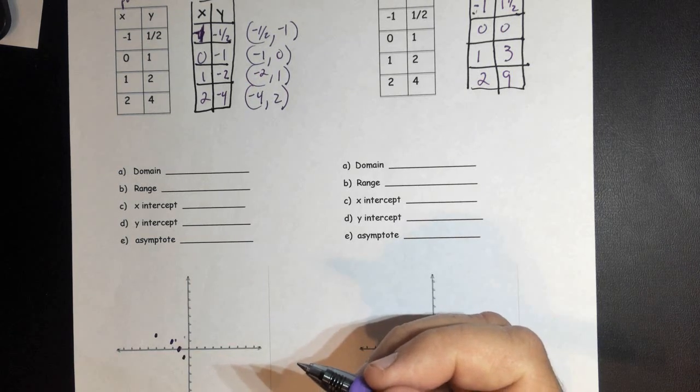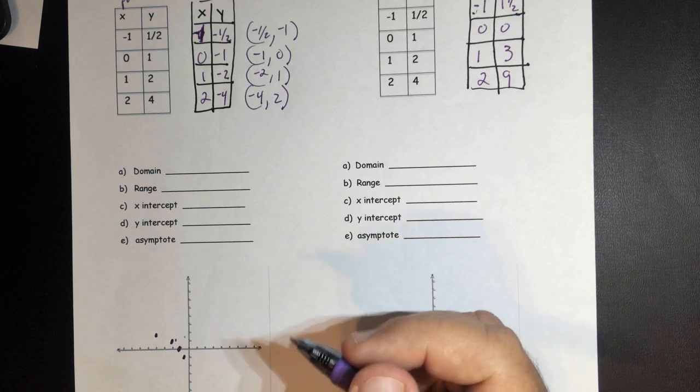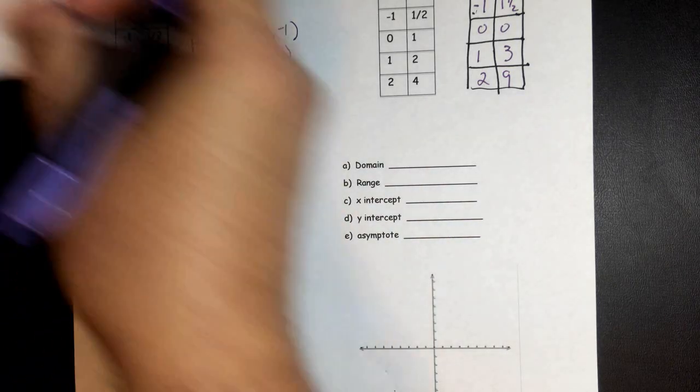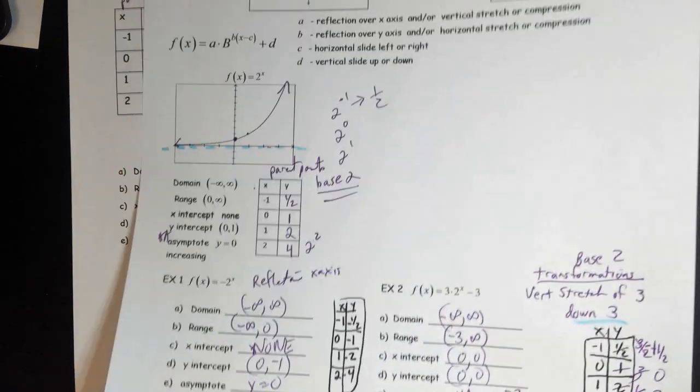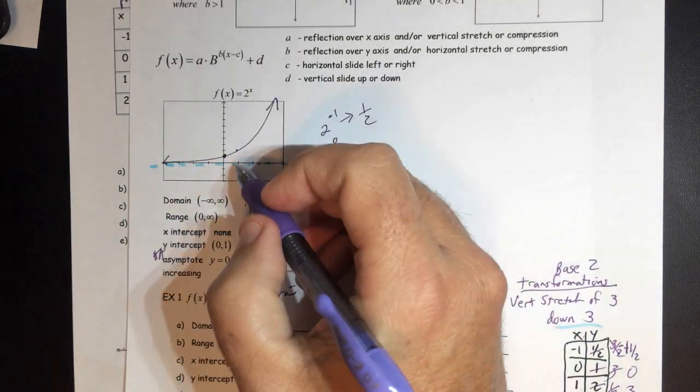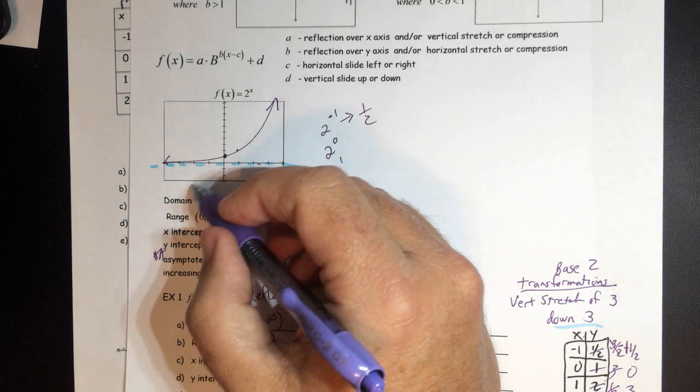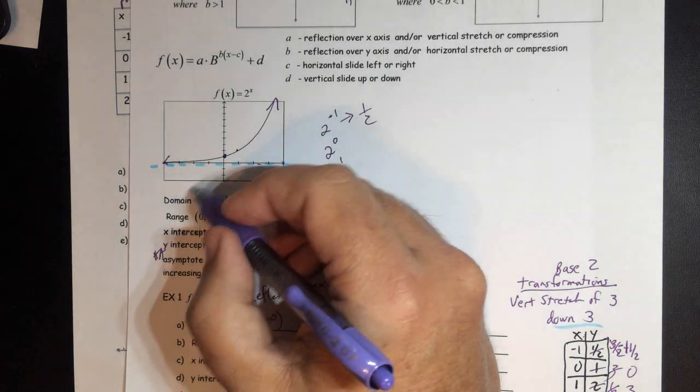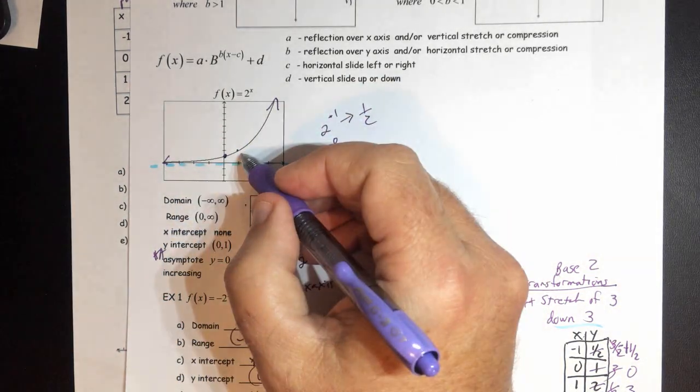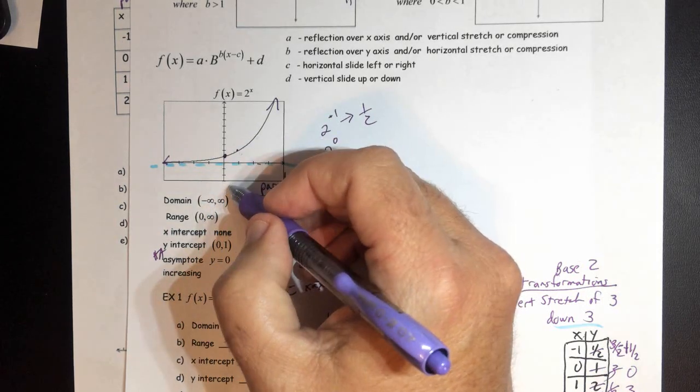Now, if you remember, we look at a base function. If we want to find its inverse, remember it reflects over the y equals x line, which means everything is going to switch sides.